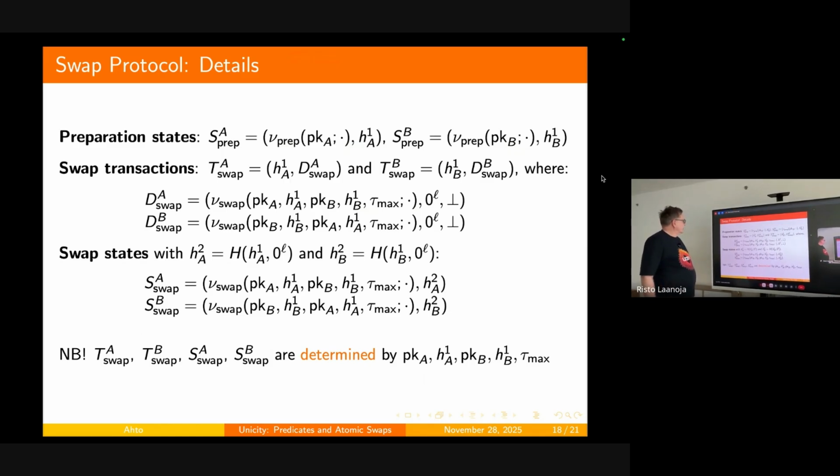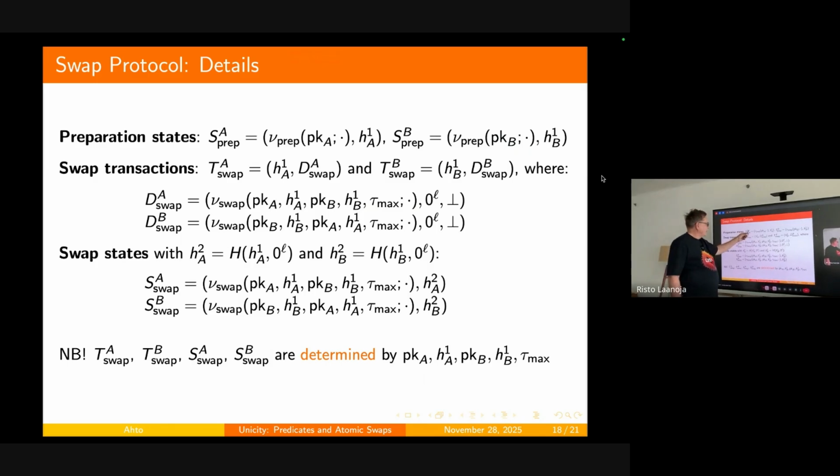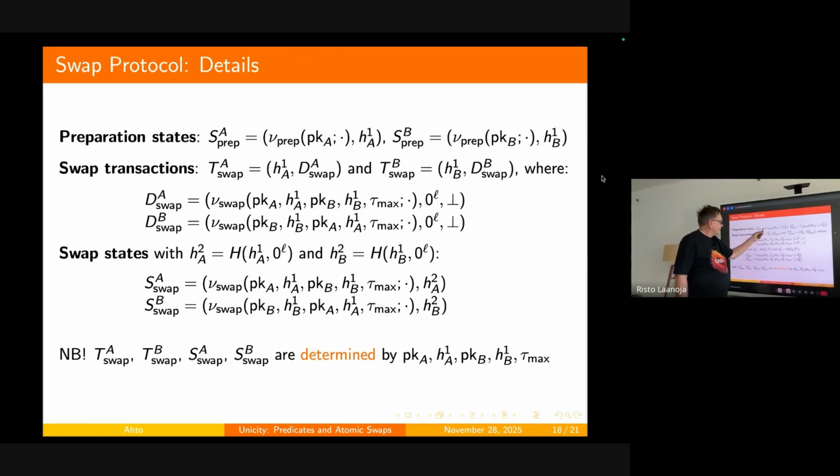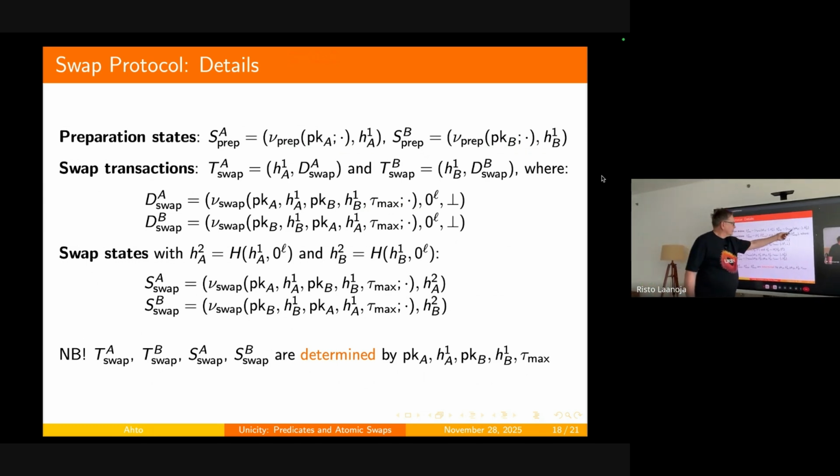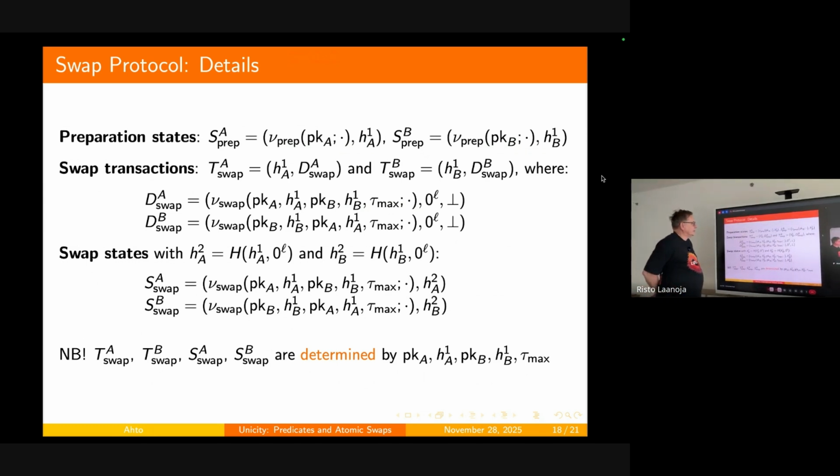Okay, so a little bit of details. We have preparation states. In preparation states, the first token of A is in this state. So the ownership predicate is the preparation predicate with the public key of A as parameter. And similarly for B's token.